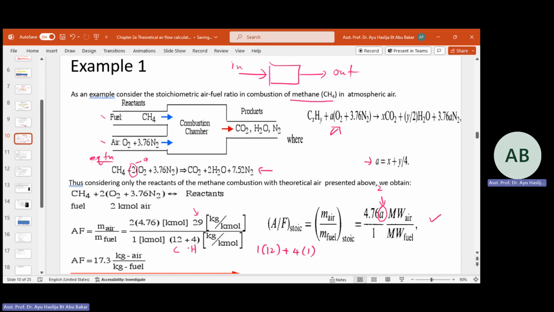So you will get 16 down here. Okay, so from there you dapat this is the AF for the combustion process.